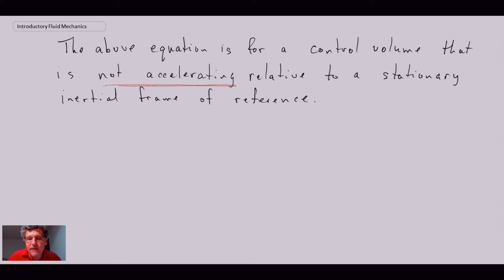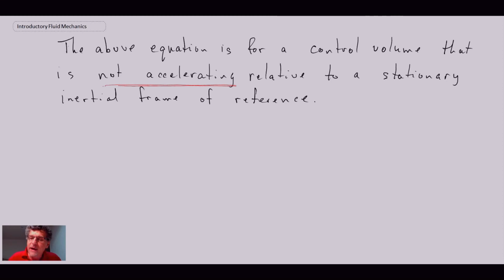And so you can have cases where the control volume is moving or even accelerating, and for those you have to be a little careful, and this equation would not apply. We will be looking at an example of that in the next lecture, not in the next segment, but in the next lecture we'll be treating a case for accelerating control volumes.